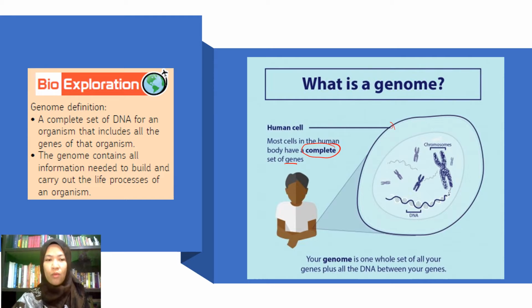You can see from Bio Exploration in your textbook, a complete set of DNA for an organism that includes all the genes of that organism. The genome contains all information needed to build and carry out the life processes of an organism. Jadi genome ni merangkumi keseluruhan jin yang ada dalam tubuh badan awak, termasuklah semua DNA dalam sel.